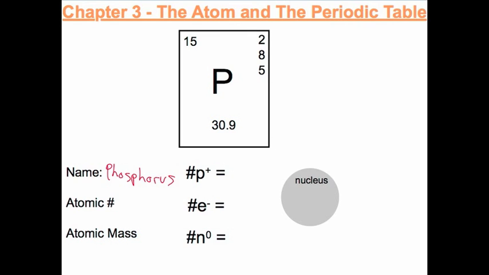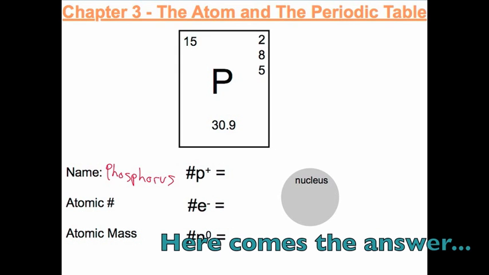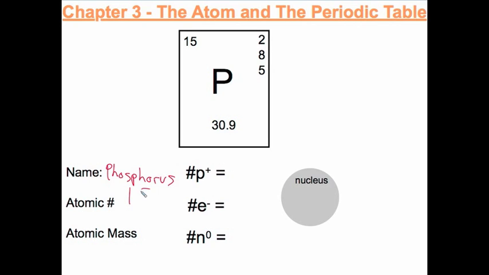Why don't you try phosphorus? Find the atomic number, atomic mass, number of protons, electrons, and neutrons, then diagram the atom using shells. Phosphorus is atomic number 15. The atomic mass is 30.9, which we're going to round to 31.